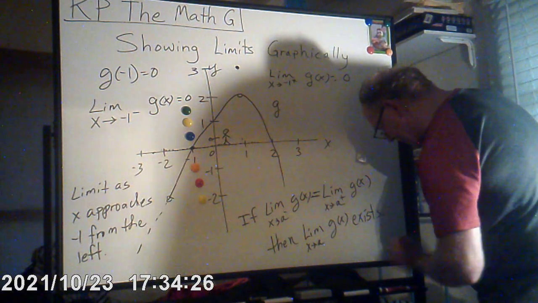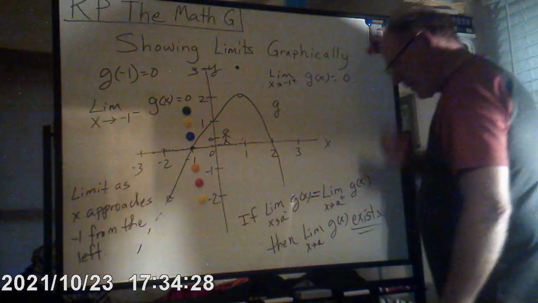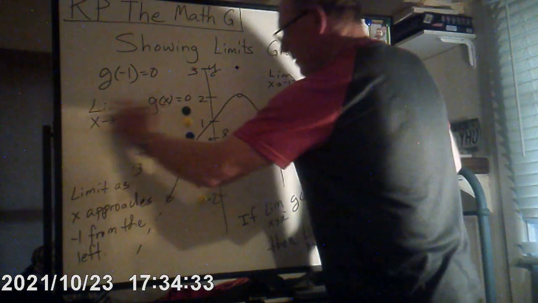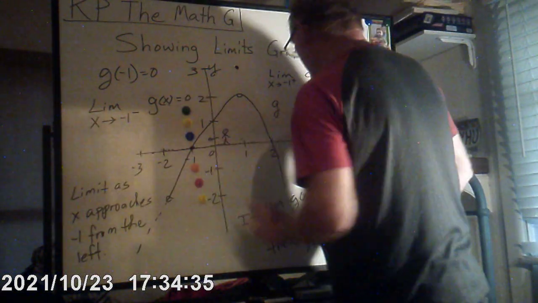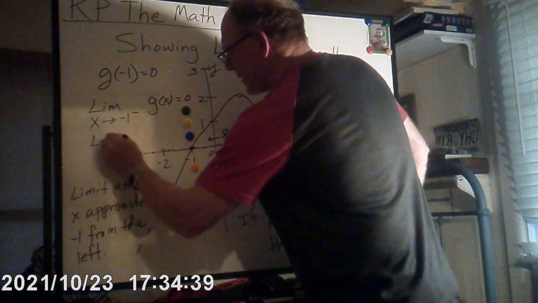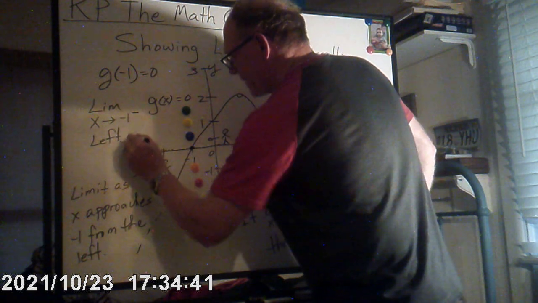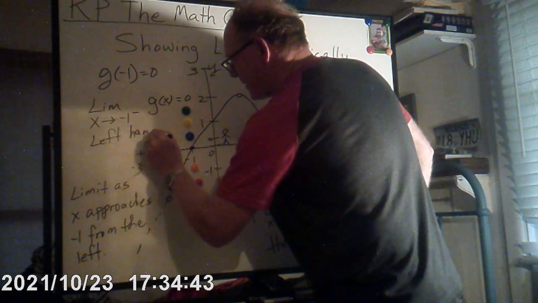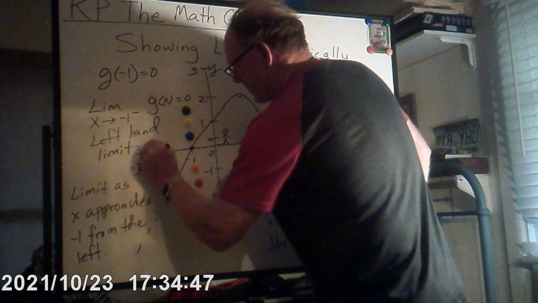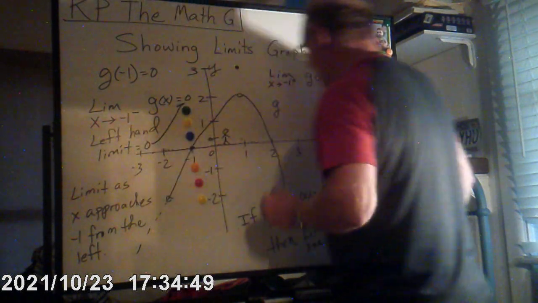Okay, it does exist because the left limit is 0. The right limit is also 0. So this is the left limit, the left hand limit, which is equal to 0. Yes, it is.